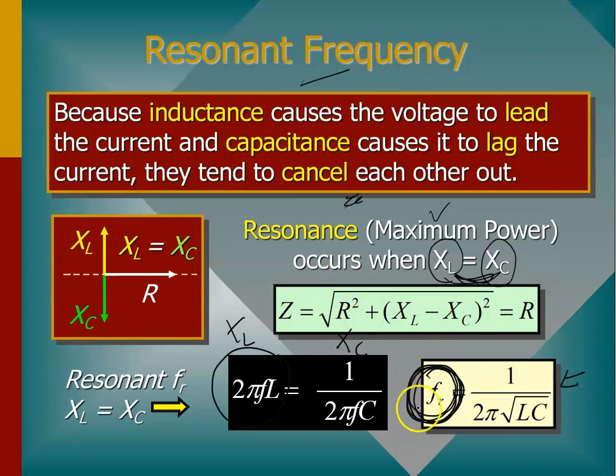Resonant frequency is when the maximum power happens. This happens because XL is equal to XC. So resonant frequency is equal to 1 over 2 pi times the square root of L times C, where L is the inductance and C is the capacitance. So that was resonant frequency.